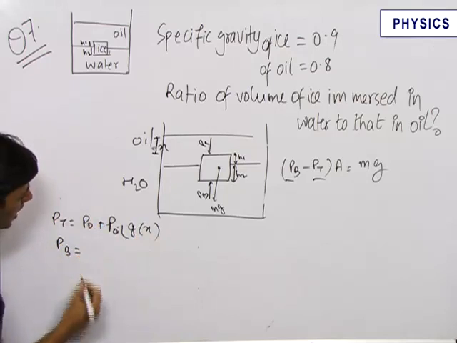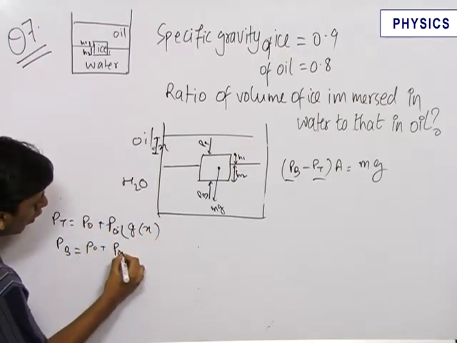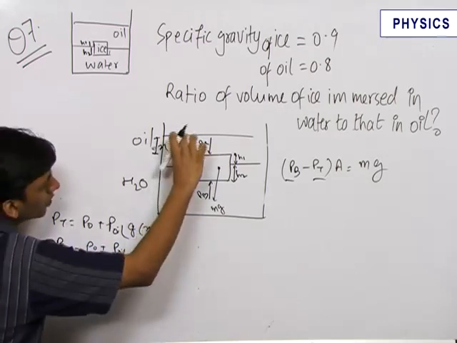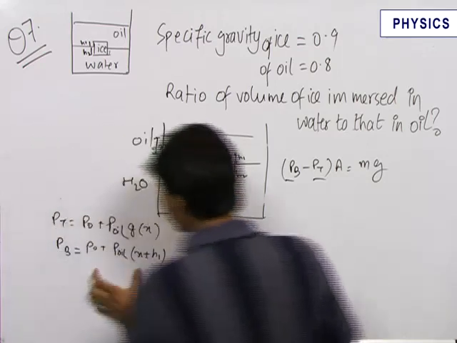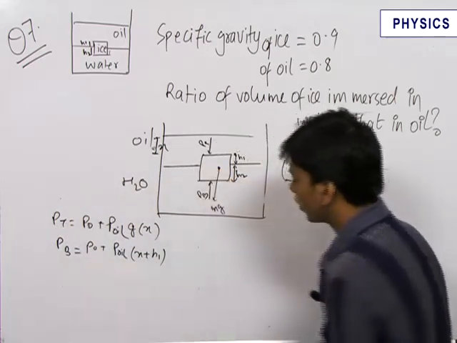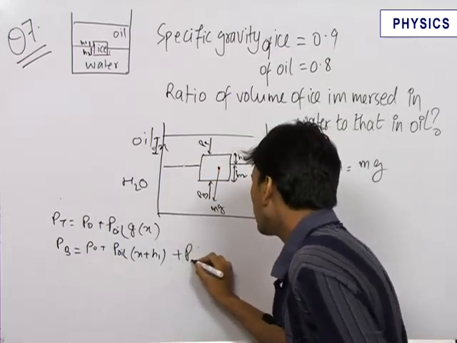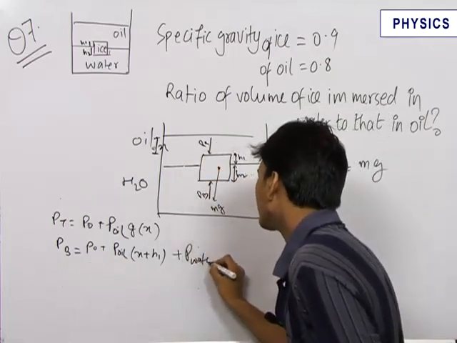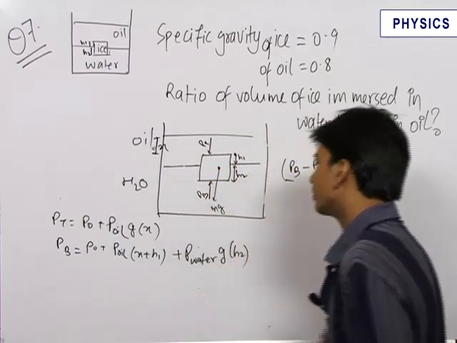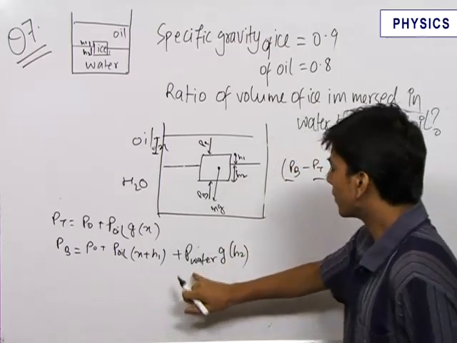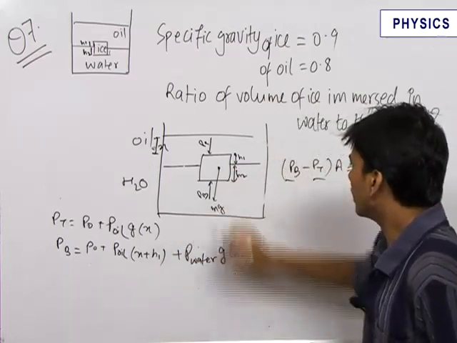Pb, that is the pressure at the bottom, is equal to P naught plus rho oil g into (x plus h1). Now this is the pressure at the top of the water. Going a height h2 below in water, this will add rho of water into g into h2. So this is the formula for the pressure at the bottom of the cube of ice.